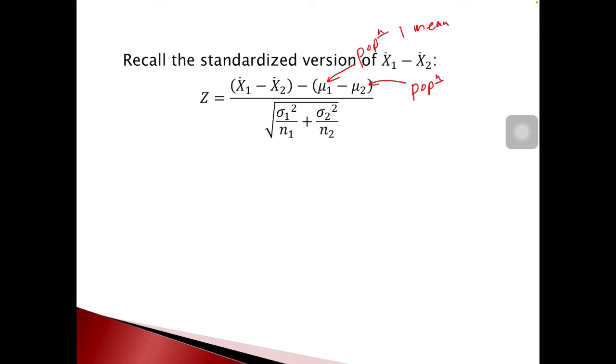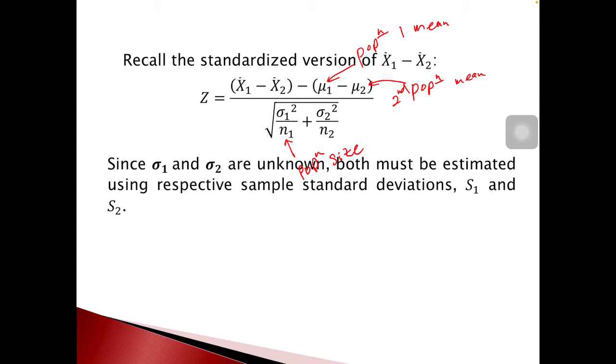Sigma1 and sigma2 are the population standard deviations for population 1 and population 2 respectively, and n1 and n2 are the sample sizes for population 1 and population 2 respectively.